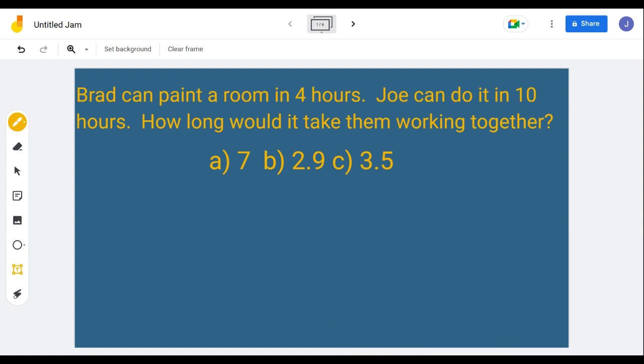Let me first show you a general formula that'll work for all of these.